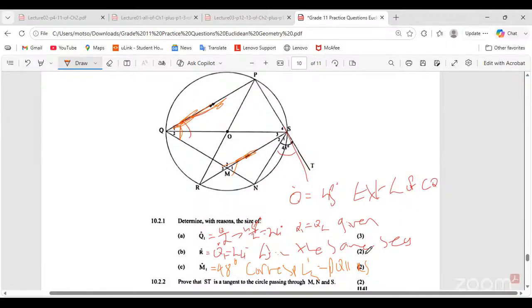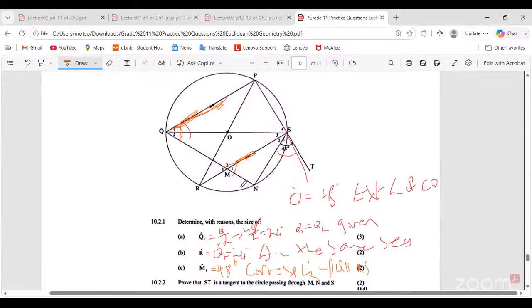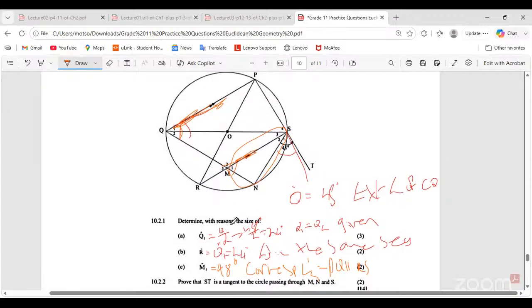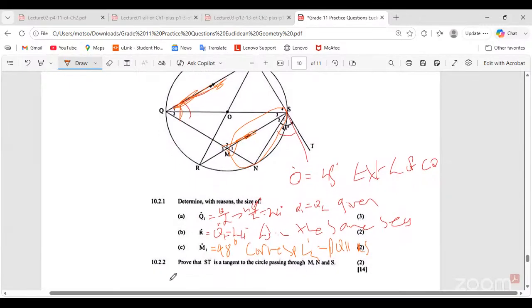Now, let us go to 10.2.2. Prove that ST is the tangent to the circle MNS. To prove that ST can be a tangent. Now, what is this? This is 48. Now, we'll just say M1 is equal to S1.